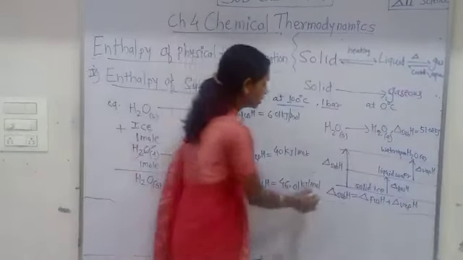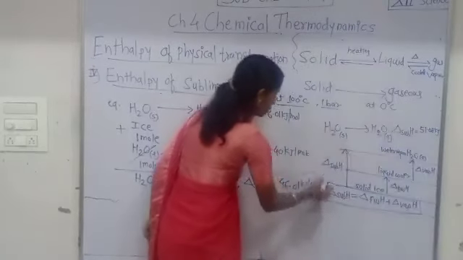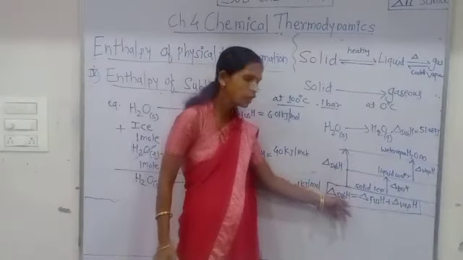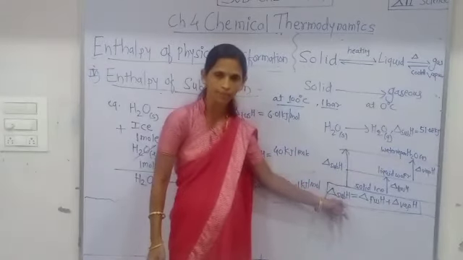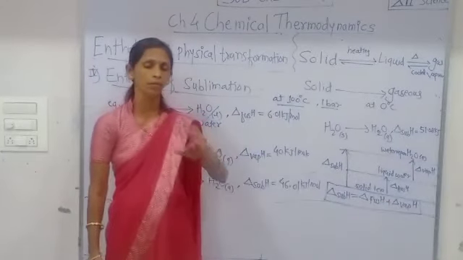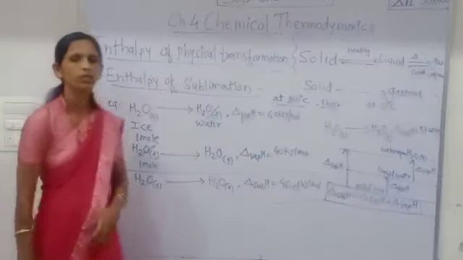That is the equation which we get for determination of the enthalpy of sublimation of any solid substance, and this process should take place at constant temperature and constant pressure. That is about the enthalpy of sublimation.